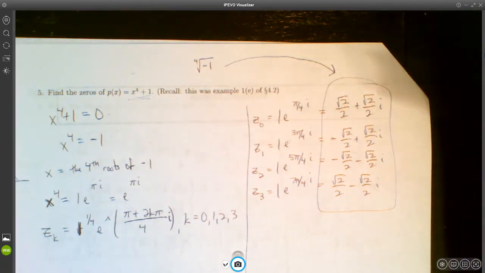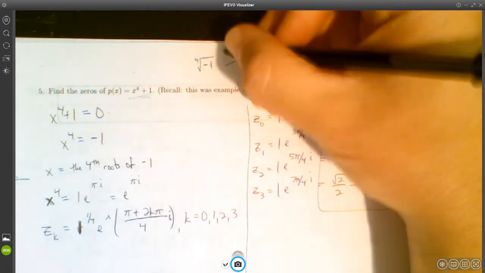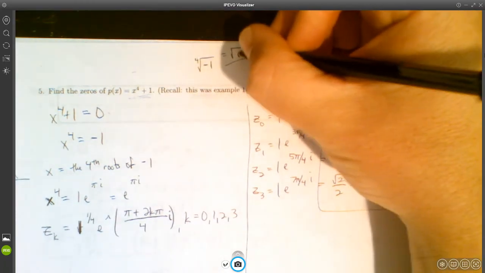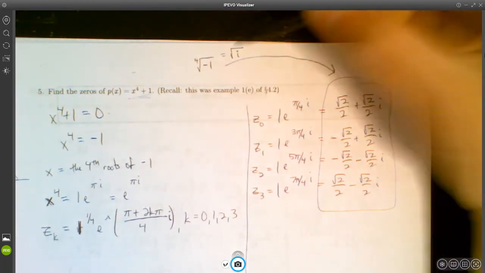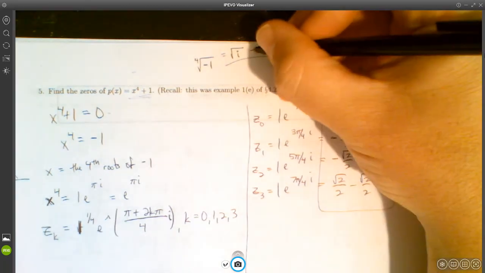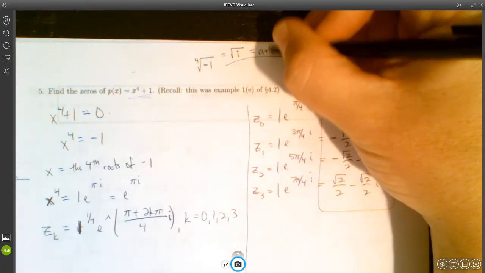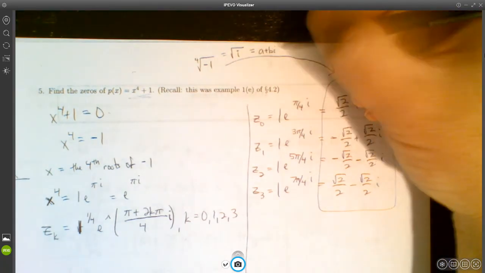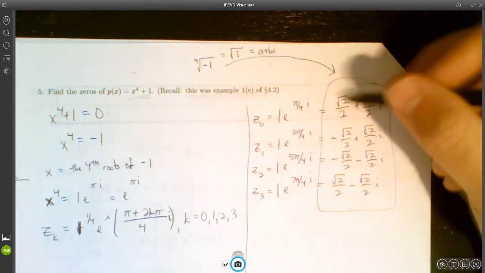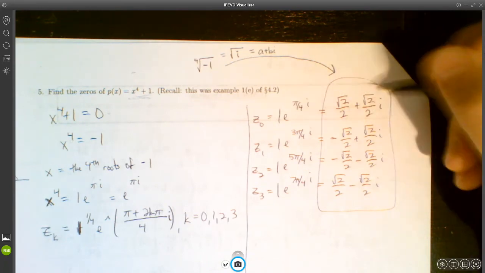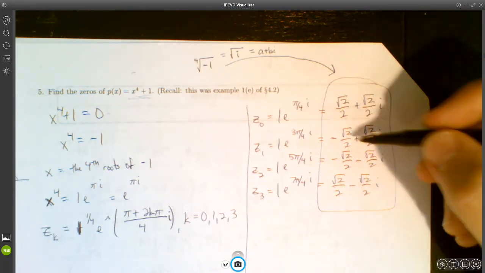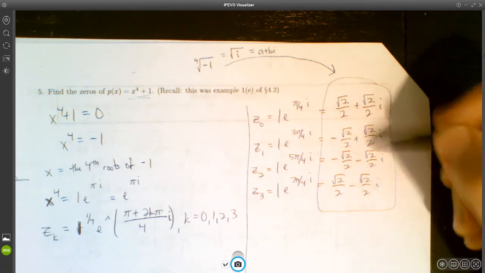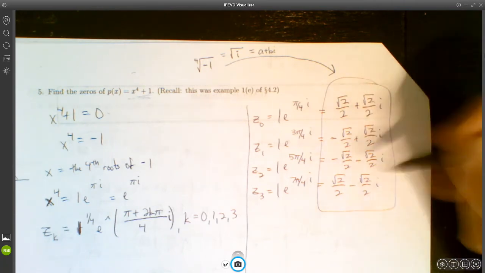Okay? But it goes to show you that this number, which we said could be rewritten as the square root of I, still wasn't a complex number. We were still searching for what real numbers a and b will make it so that we can rewrite this as a plus b times I. Well, here they are, right? a is root 2 over 2, b is root 2 over 2. Or you could take a to be negative root 2 over 2 and b to be positive root 2 over 2 and so forth, right?